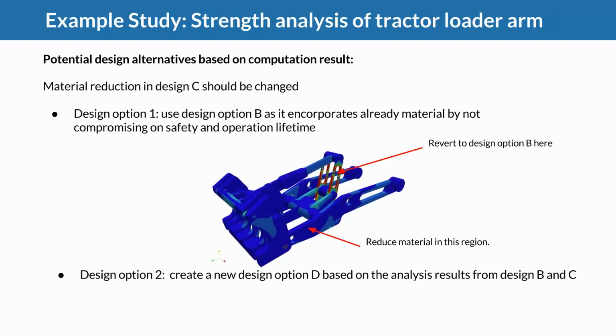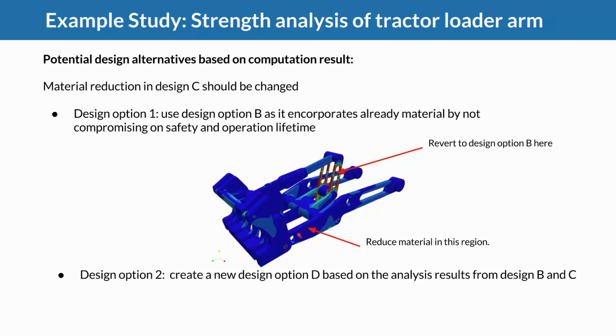Another option would be to now actually use the results of the design number B and C to further improve it. So if we start with design number C, we can see that here in the linkage or in the bell crank, we should revert to design option B here, but on the rest we see that we can still use option C's design here.